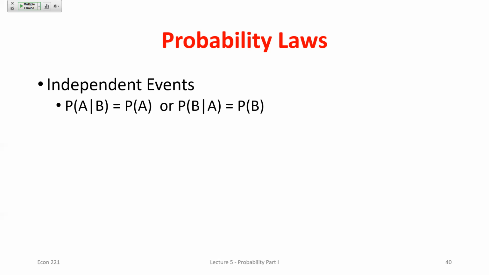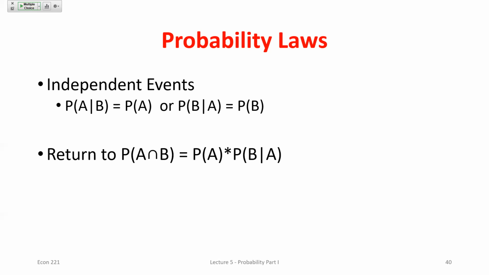And we could then substitute in for the multiplication rule. Just like knowing they're mutually exclusive made finding the union easier, knowing they're independent events actually makes finding the intersection easier.